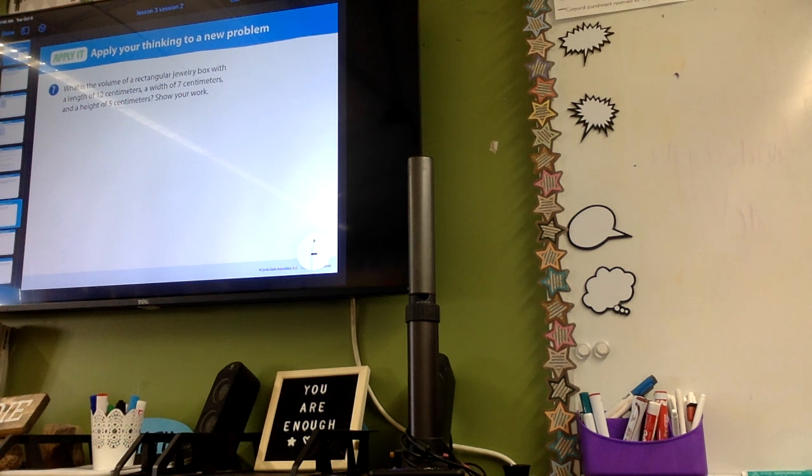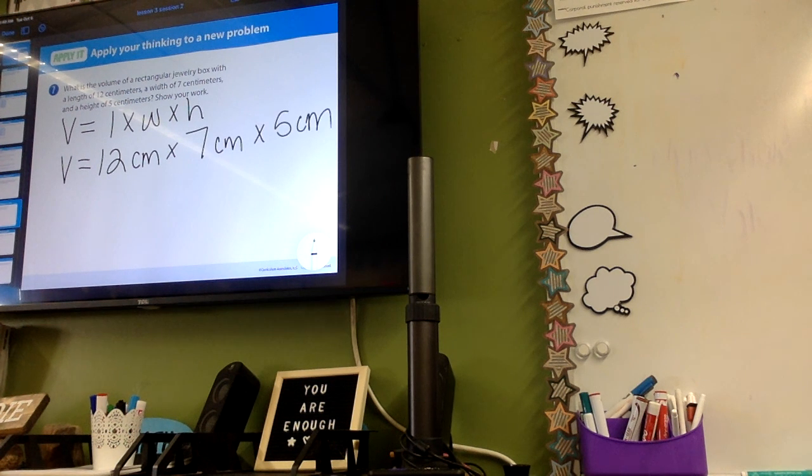Show your work. So I need to use this formula. Length times width times height. My next step, I need to plug my numbers in. What did it tell me my length was? 12, 7, 5. What is my width? What is my height? All right, so let's start with 12 times 7.